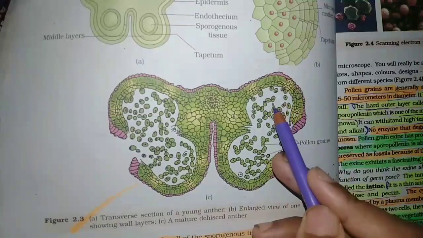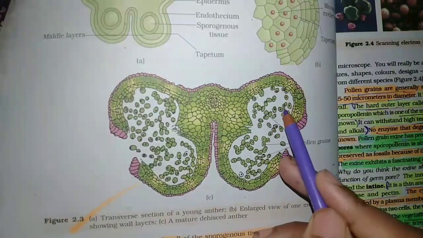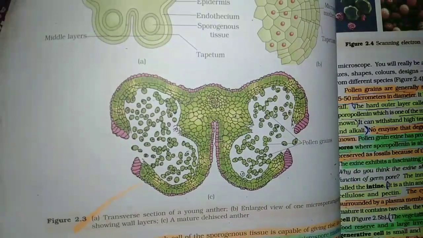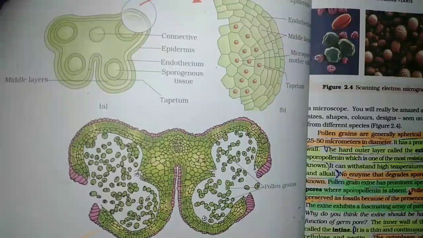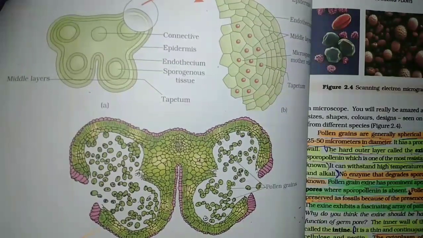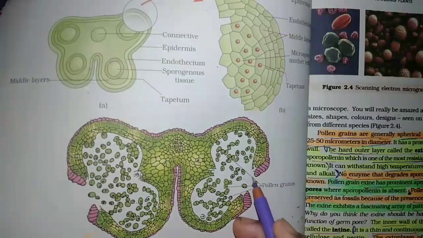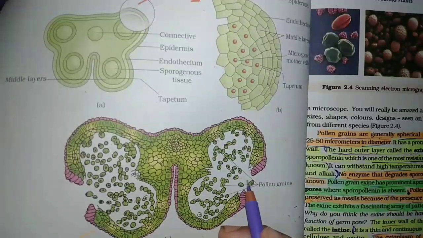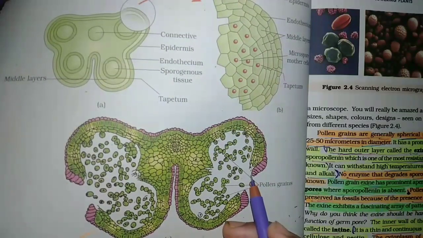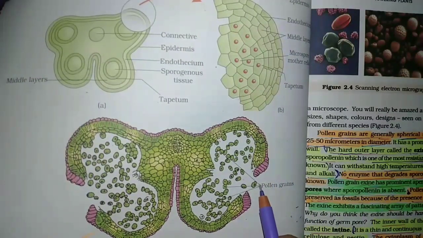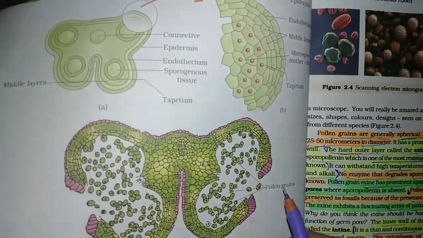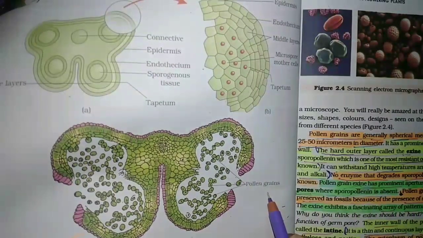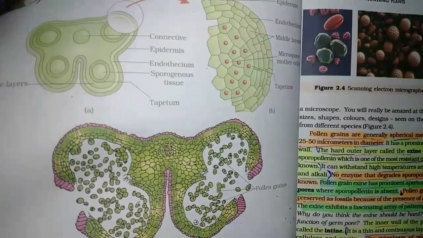From mother cells pollen are produced, and when so many pollen are produced, the middle part disappears, and next the epidermis and endothecium made this part. In the full stage, there is a lack of epidermis and endothecium, and the pollen are out. Okay, it is very simple.